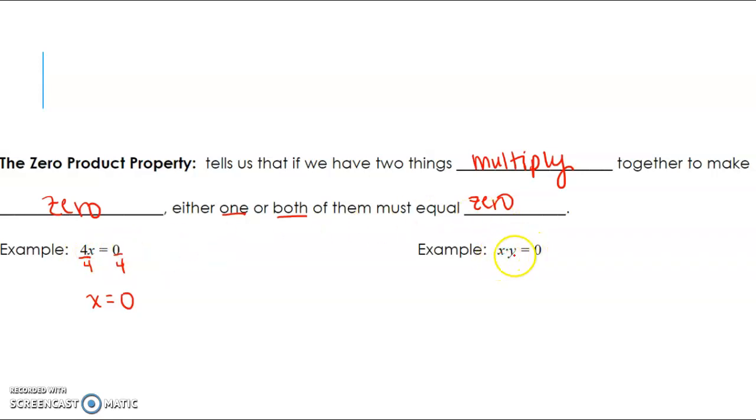In this example, I have two unknown numbers. I have x and y. So I know in this case that x equals 0 or y equals 0, or there's the possibility that both of them are 0 for this to happen.